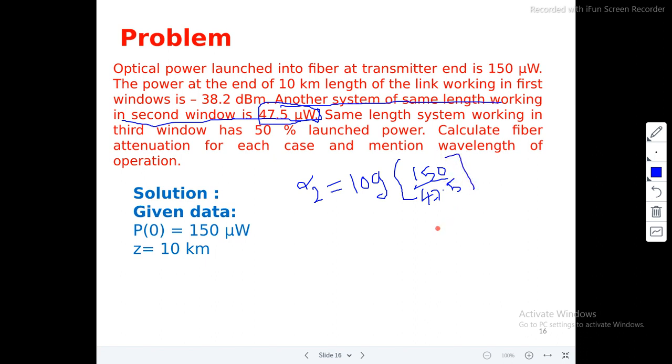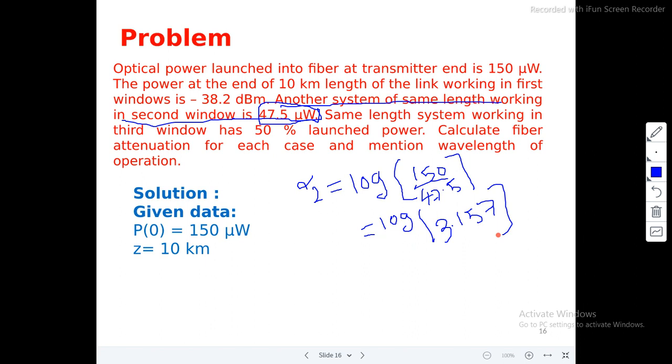So first calculate the value of 150 by 47.5. The value is 3.157.